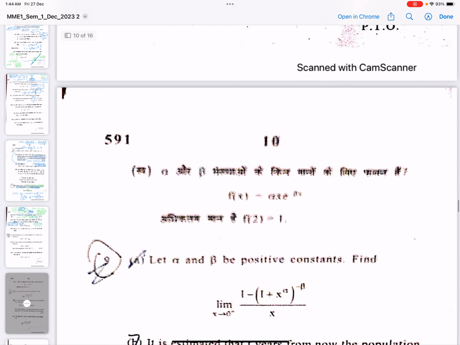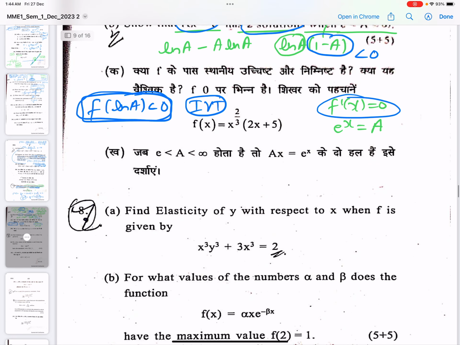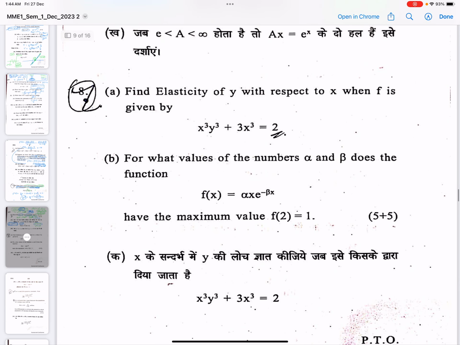I need to write it again. So using implicit differentiation, we had 3x square y cube plus 3y square y dash into x cube plus 9x square should be equals to 0.